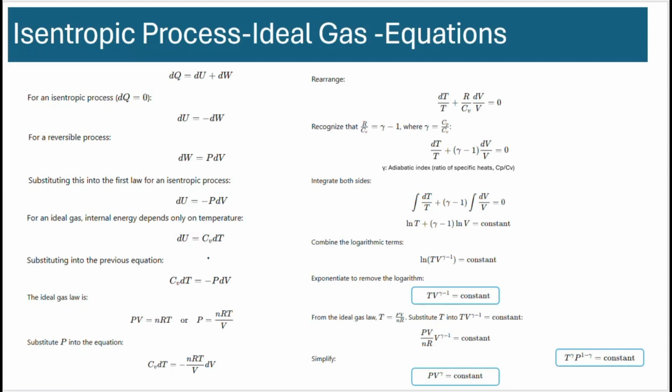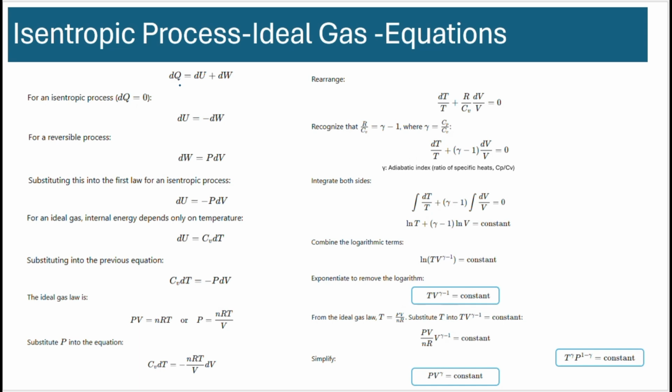Now let's consider isentropic compression and expansion for an ideal gas. We'll try to derive the relationship between temperature, pressure, and volume when a gas is either isentropically compressed or expanded, especially when that gas is an ideal gas.